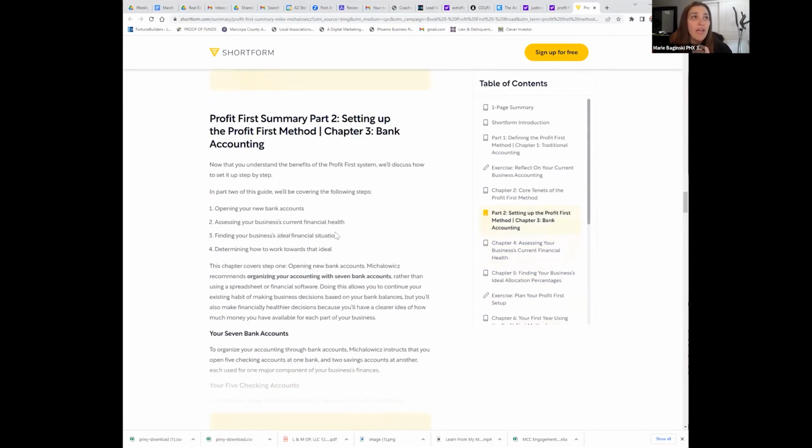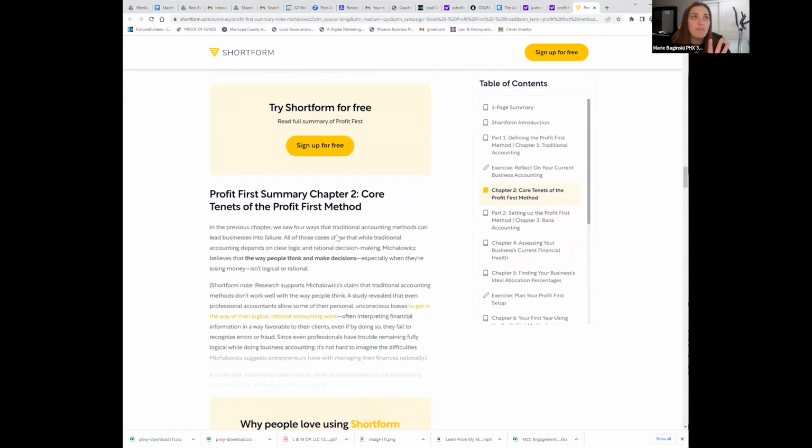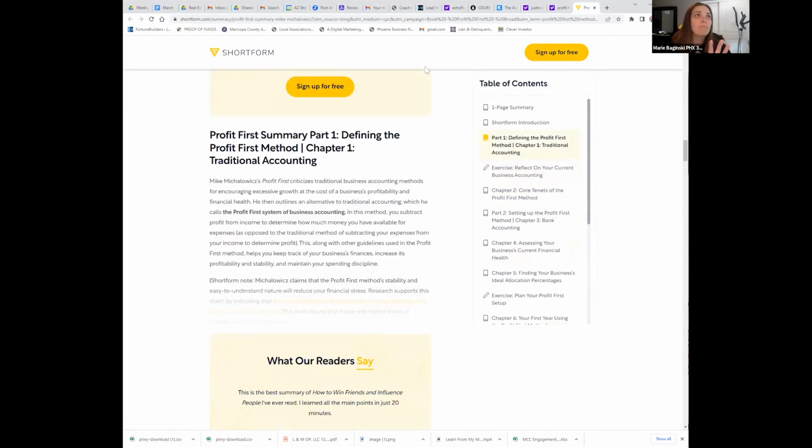So anyway, the Profit First model says you should have a minimum of 5 business bank accounts. First is your income account. Any money that comes in from a title, from rents, or anything like that goes into the income account.